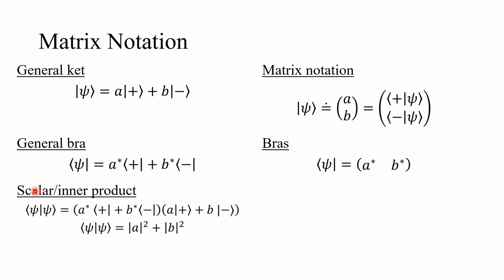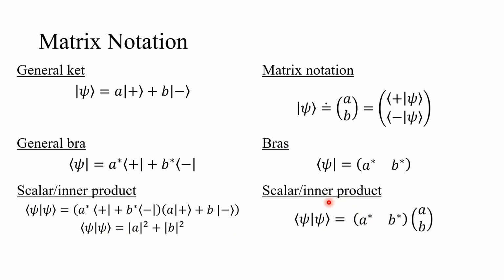So in our ket notation, we have the bra taking the scalar product with our ket, and if we multiply that out, the spin up and the spin up would multiply together to be 1, so we end up with a squared, and likewise the minus and the minus would give us b squared. All the other terms would go to 0, so we get that as our scalar product.